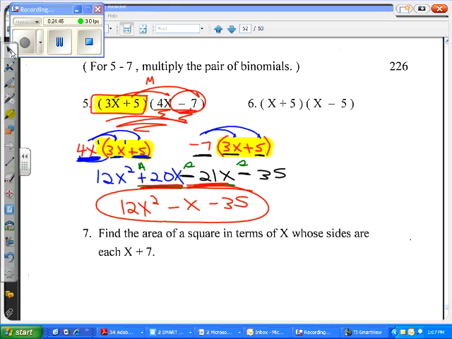Now, the next one, we really want you to be able to focus in on the fact, and I believe that this is on page 204, that's a special case, and that special case is the difference between two squares. Because when you look at the first binomial and the second, they both have that in common.